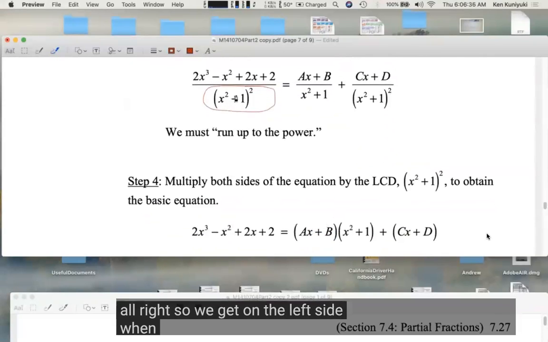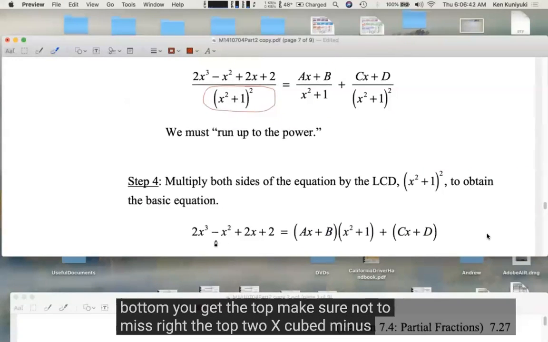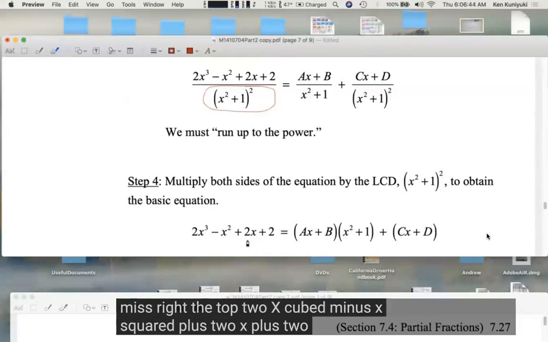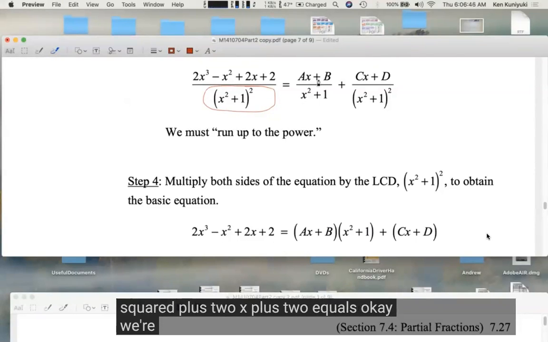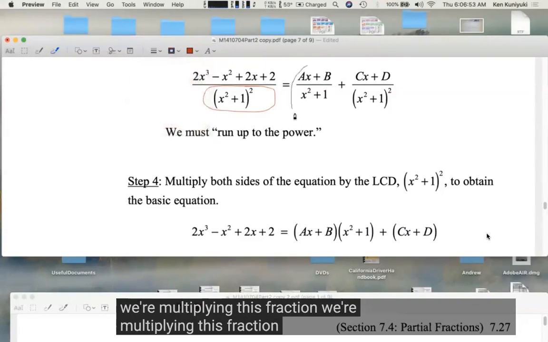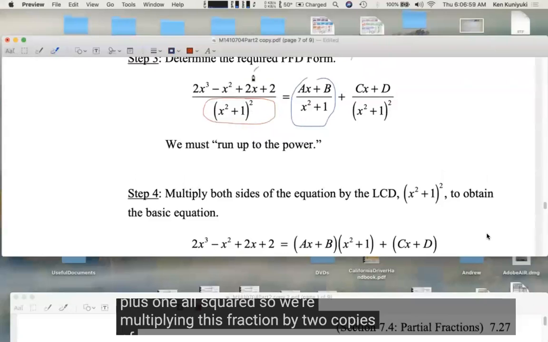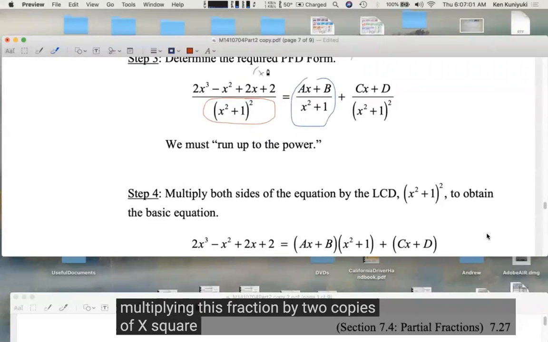So again, on the left side, when you multiply a fraction by its own bottom, you get the top. Make sure not to miswrite the top. 2x cubed minus x squared plus 2x plus 2 equals, okay, we're multiplying this fraction by x squared plus 1 all squared. So we're multiplying this fraction by 2 copies of x squared plus 1.